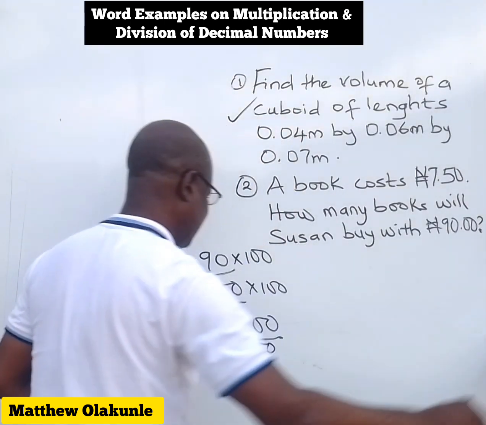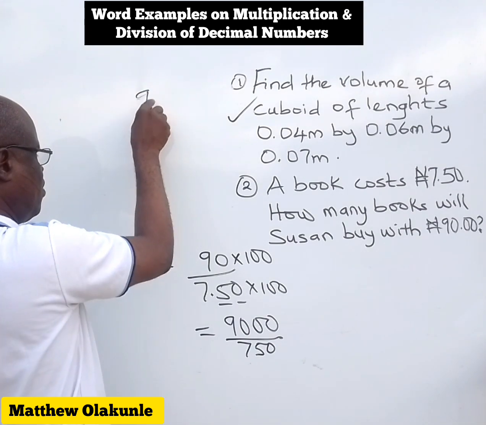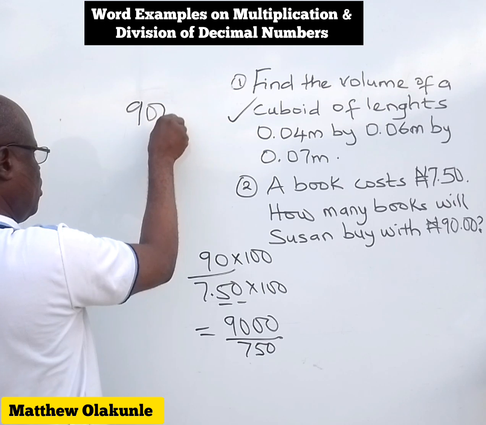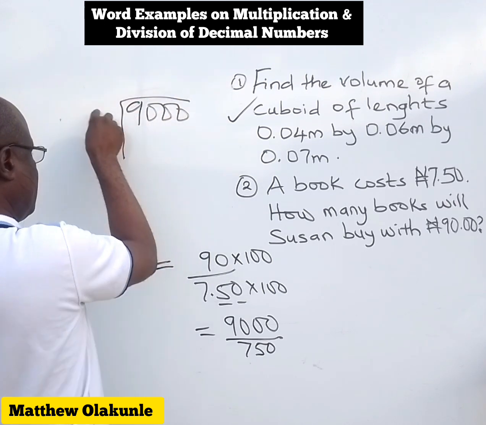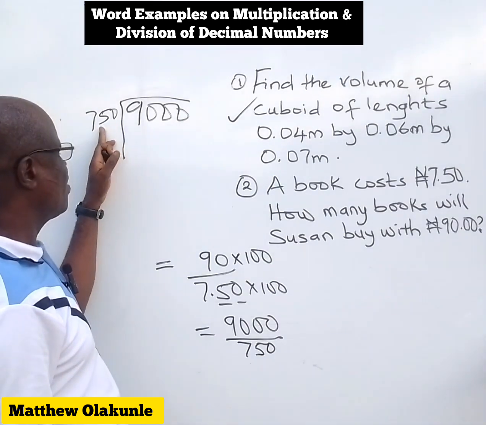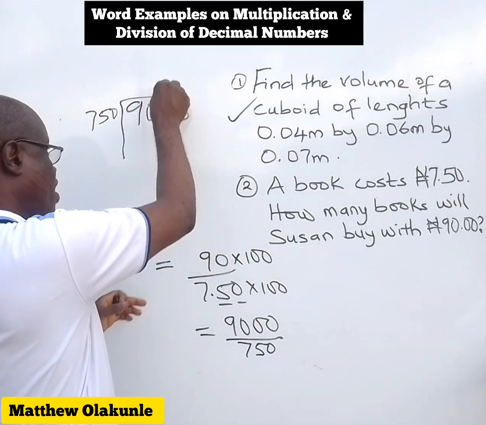How do you do this? You are dividing 9,000 by 750. So write your 9,000 down. How many times does 750 go in 900? You can have one.